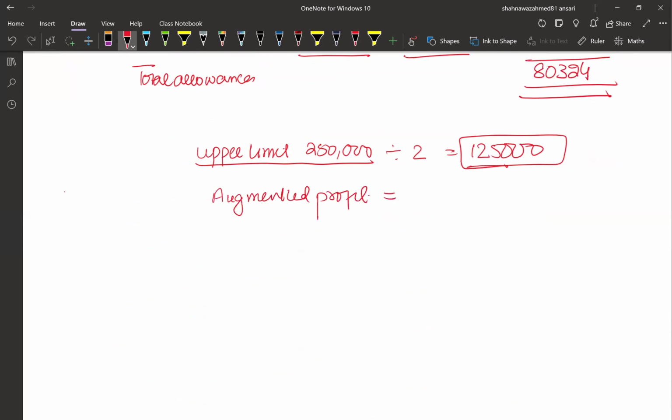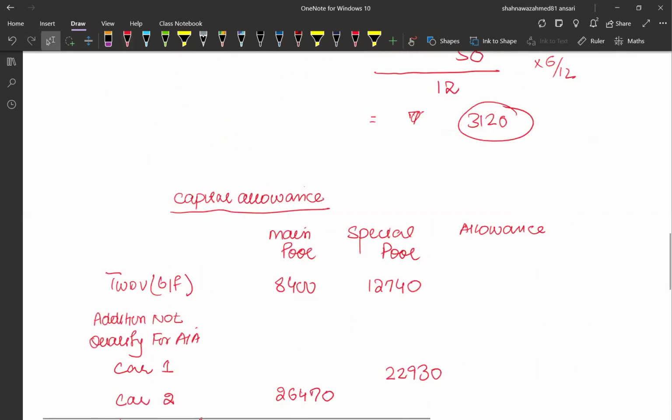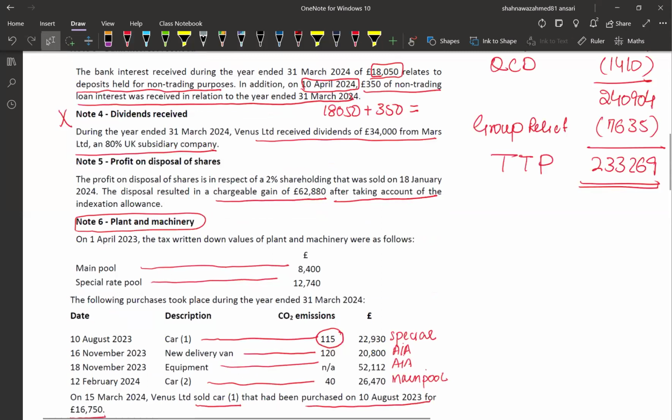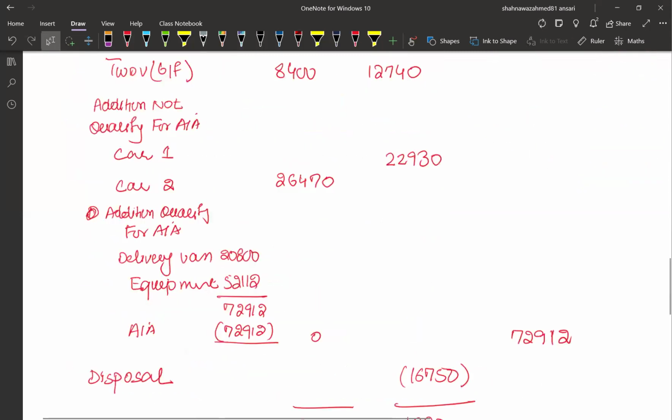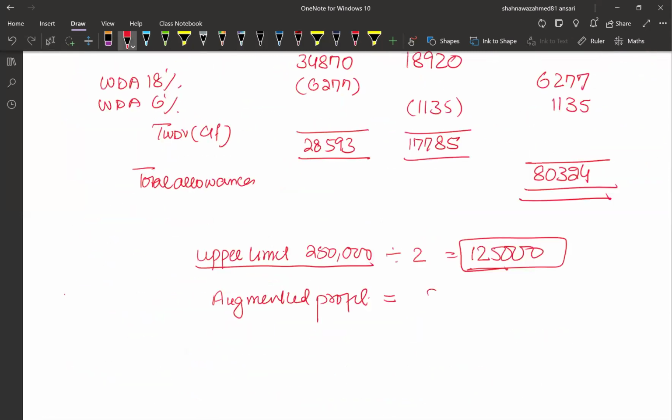is TTP, which is 233,269 plus dividend, which is 0 because it is from a group company. So this is my augmented profit.